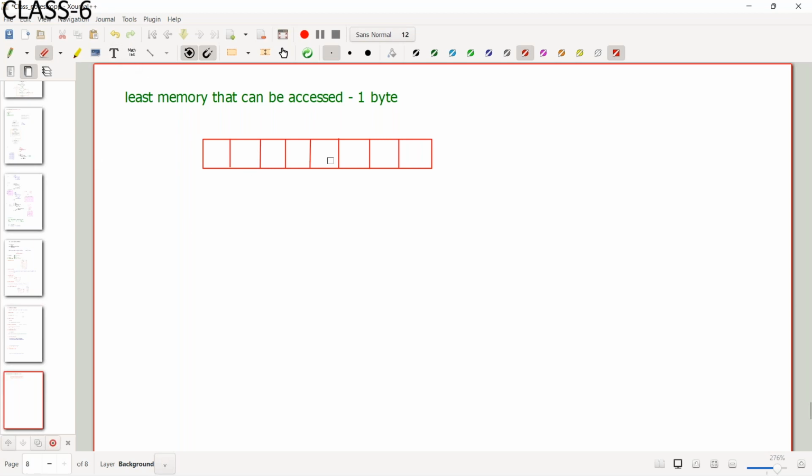Like this, the data is stored, and this is in fact the 1 byte. Everything here is one bit, and half of 1 byte, meaning 4 bits together, is called a nibble.